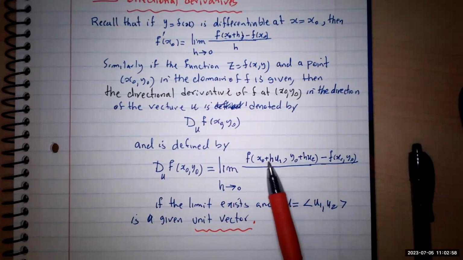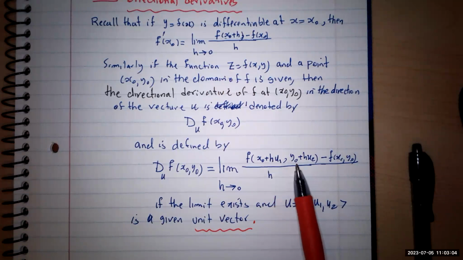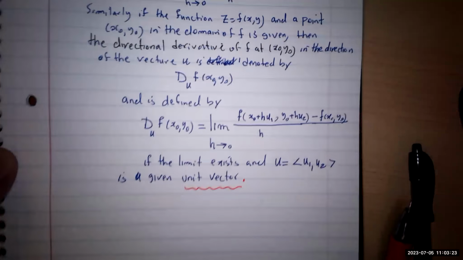Then we get y0 plus h u2. So these are two numbers, everything is nicely done, and it makes sense. Quickly you will find out the origin of this argument.